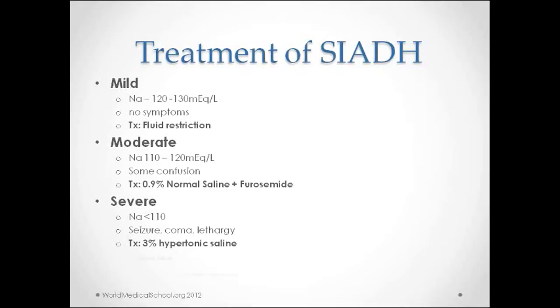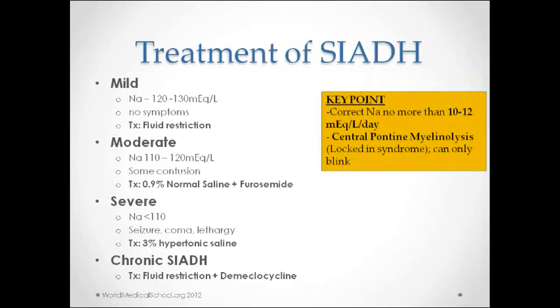For chronic SIADH, fluid restriction with demeclocycline can be used. Demeclocycline works by reducing the responsiveness of the collecting tubule cells to ADH. A key point to note here is while correcting sodium level, one should not correct too rapidly. No more than 10 to 12 milliequivalents per day.